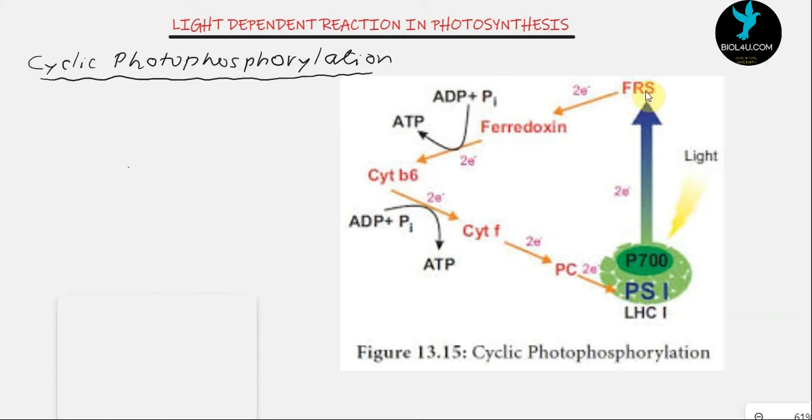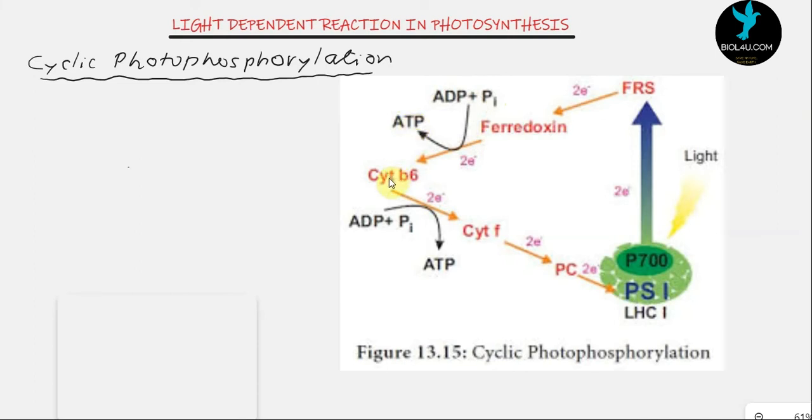From the FRS, the electron is given to the ferredoxin, and this ferredoxin transfers the electron to the cytochrome B6. When the electron passes from the ferredoxin to cytochrome B6, energy is released, and this energy is utilized for ATP synthesis, that means phosphorylation, ADP plus inorganic phosphate forming ATP.